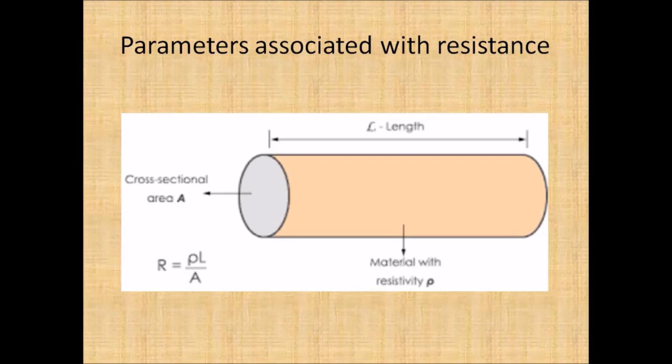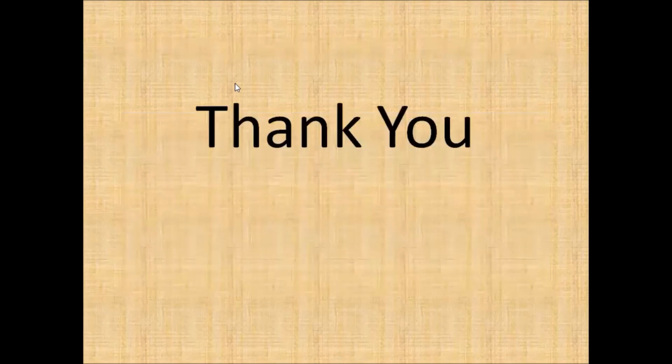If we remove the proportionality sign, the constant is represented by rho, the specific resistance or resistivity, where resistivity is the property by virtue of which any material opposes the flow of current, or the flow of charges within its body. So this is the basic law of the resistance.